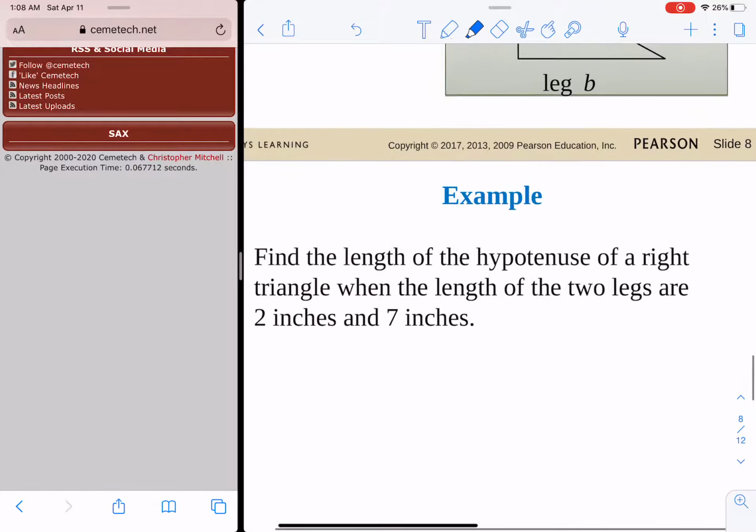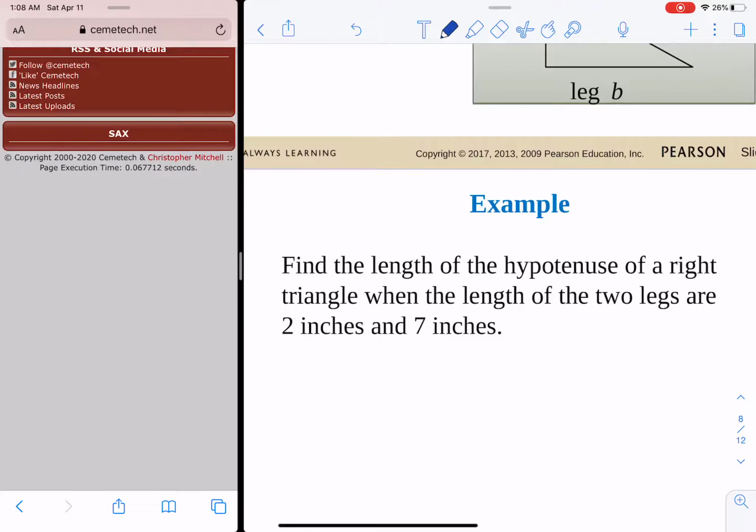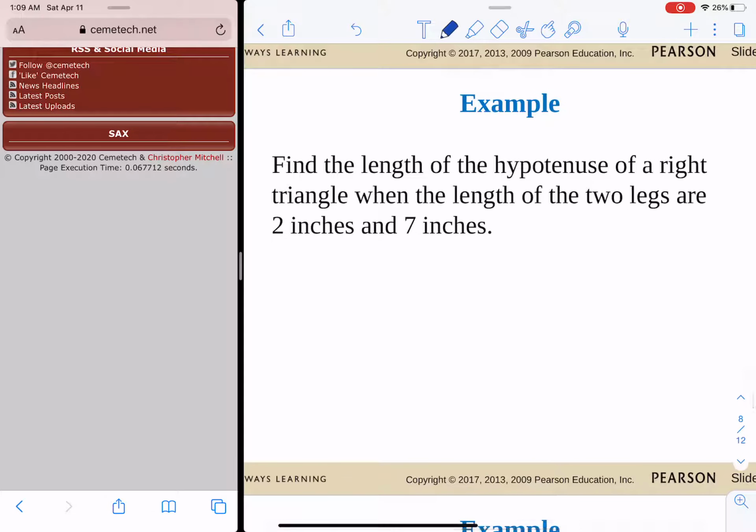And we want to solve using this example and the Pythagorean theorem. We want to find the length of the hypotenuse of a right-angled triangle, where the two legs are the lengths given, and we'd like to find the hypotenuse.